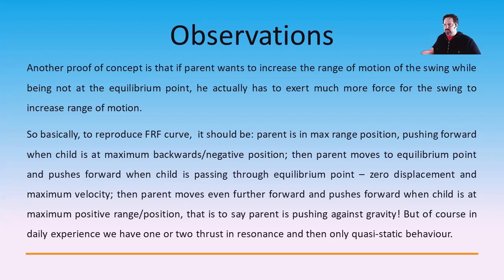Then the parent moves to the equilibrium point and pushes forward when the child is passing through the equilibrium point, zero displacement and maximum velocity. Then the parent moves even further forward and pushes forward when the child is at maximum positive range position, ready to come back. So that is to say that the parent is pushing forward against gravity, but of course in daily experience we have one or two thrusts in resonance and then only quasi-static behavior.